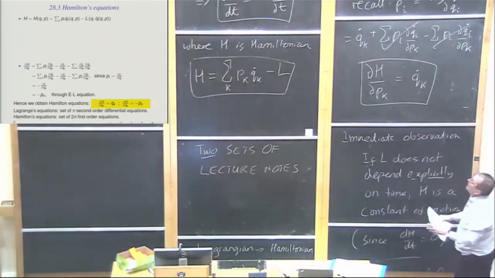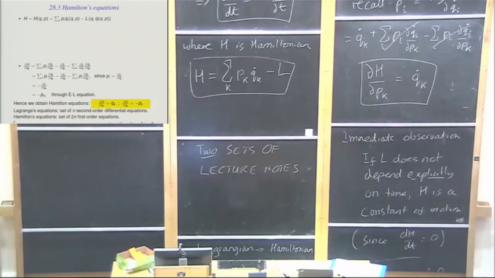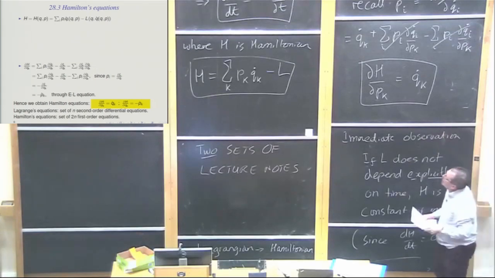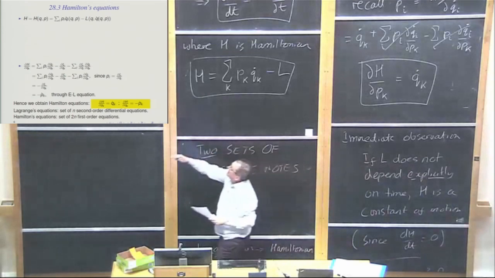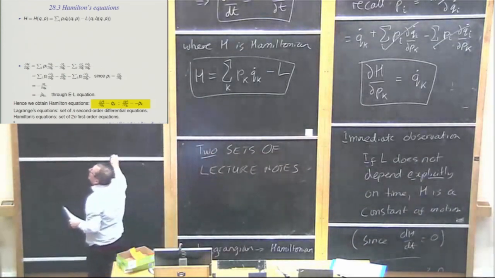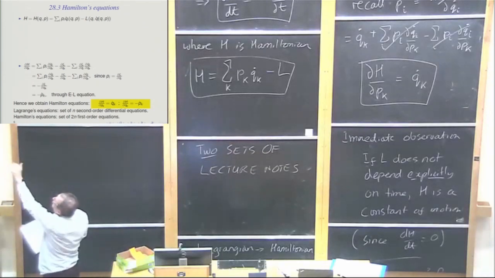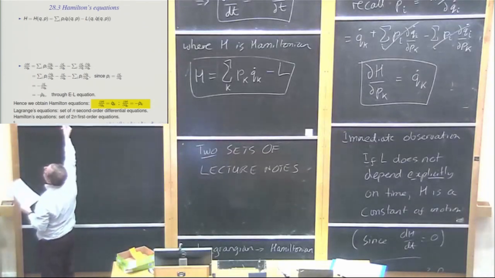All we've done is do a partial derivative. The Hamiltonian depends on q_k and p_k, so it's natural to want to differentiate with respect to each of them. We've now done it with respect to p_k, and we've got this compact expression. You can do just the same sort of manipulation, but I think we'll all agree that rather than go through it, we'll just leave that on the slide.